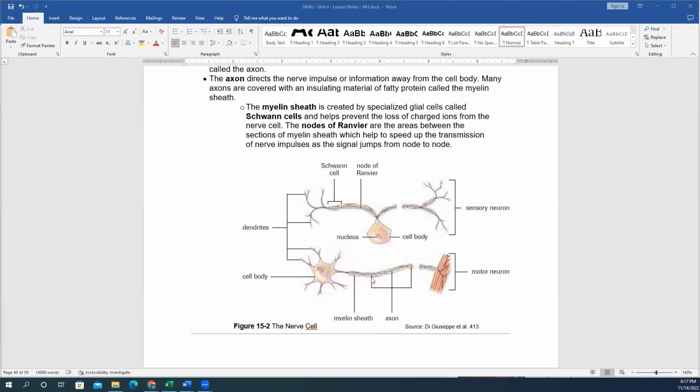out towards either the effector, where the muscle or the gland, or whatever it is that the signal needs to be sent to, or to other neurons.